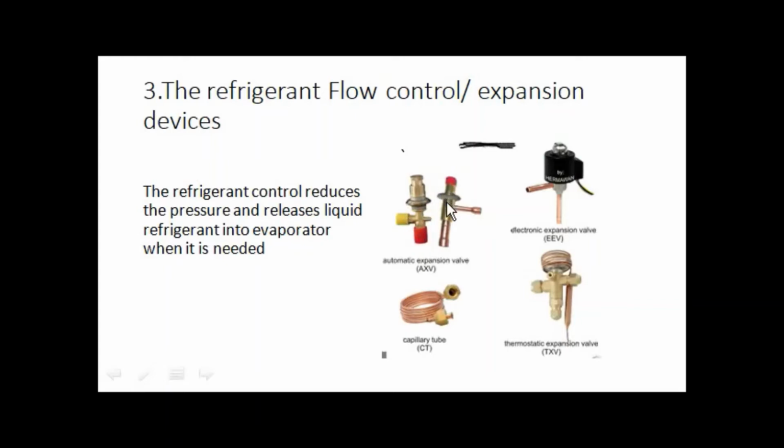Some of the types of expansion device we have are the thermostatic expansion device, the electronic expansion device, the capillary tube, and also, as I said, the TXV, which is the thermostatic expansion valve.